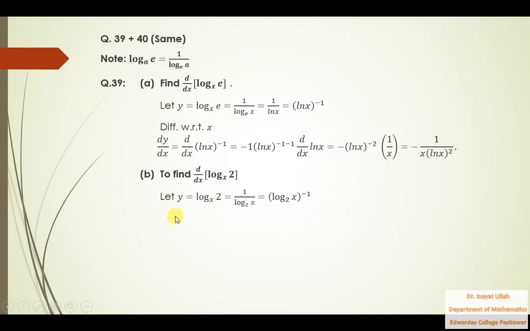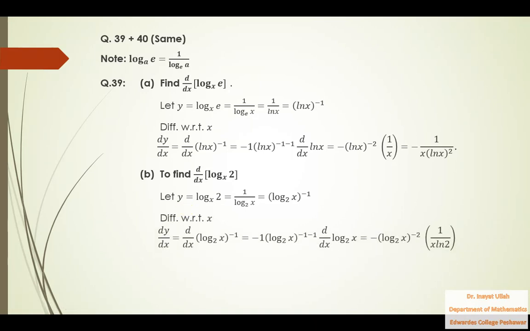Now you need to find the derivative of this function, in fact the derivative of y. So differentiate with respect to x both sides. You'll get dy/dx is equal to the derivative of this function. This is actually the extended power rule, so apply the extended power rule here. So that will become -1 times (log to the base 2 of x) to the power -1 -1, into the further derivative of log to the base 2 of x.